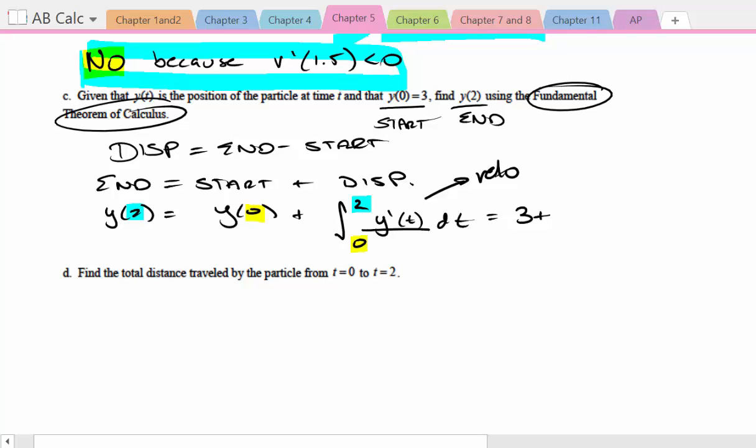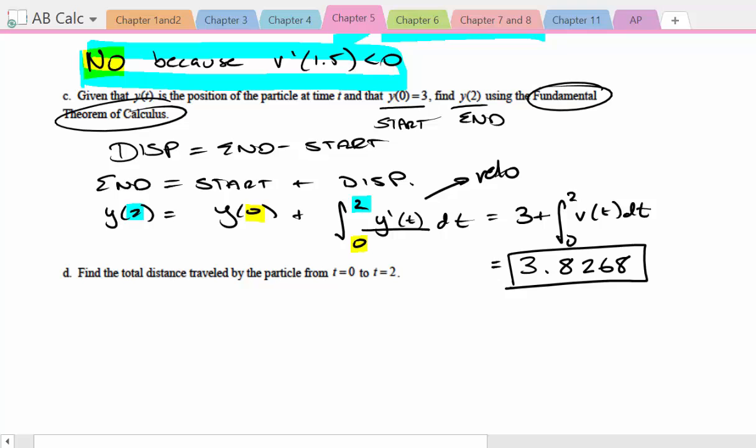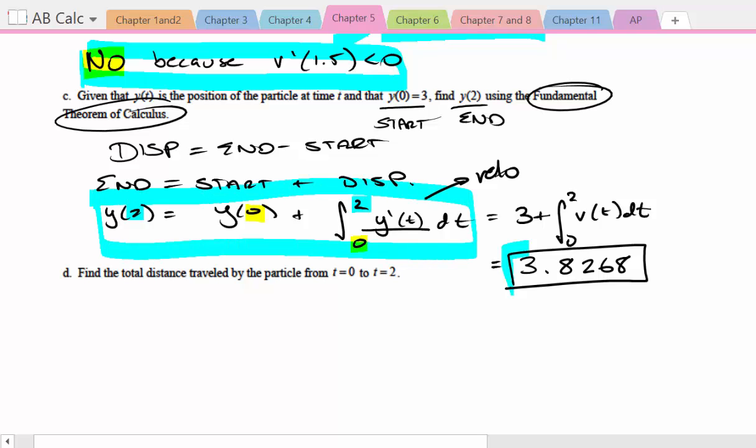So what I want is the integral from 0 to 2 of v of t dt. I punch that in the calculator, and I get 3.8268. No units attached, no justification needed. This is my answer. This one is also worth 2 points. 1 for setting it up, 1 for the answer.